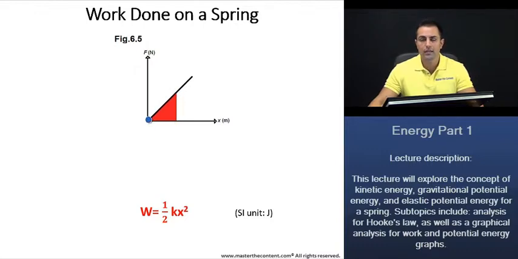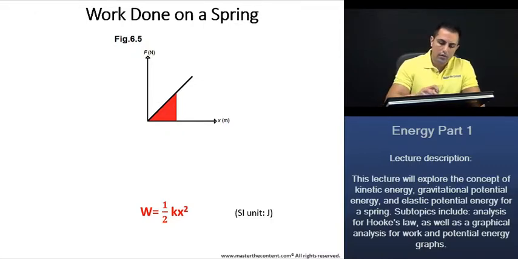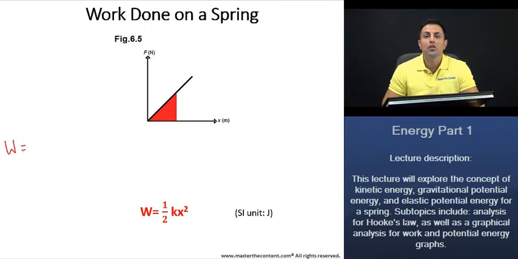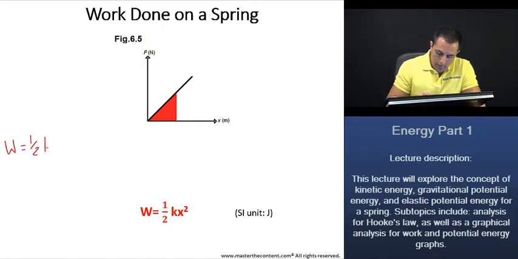done on a spring. And because these two quantities are proportional to one another, the area under the graph is always going to be a triangle as such. Now, if we recall, the formula for the area of a triangle is just going to be 1/2 times base times height, right?